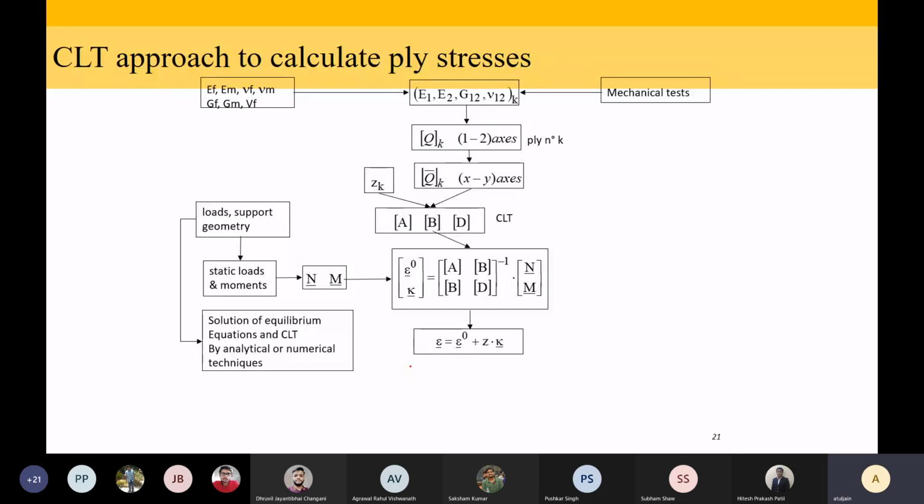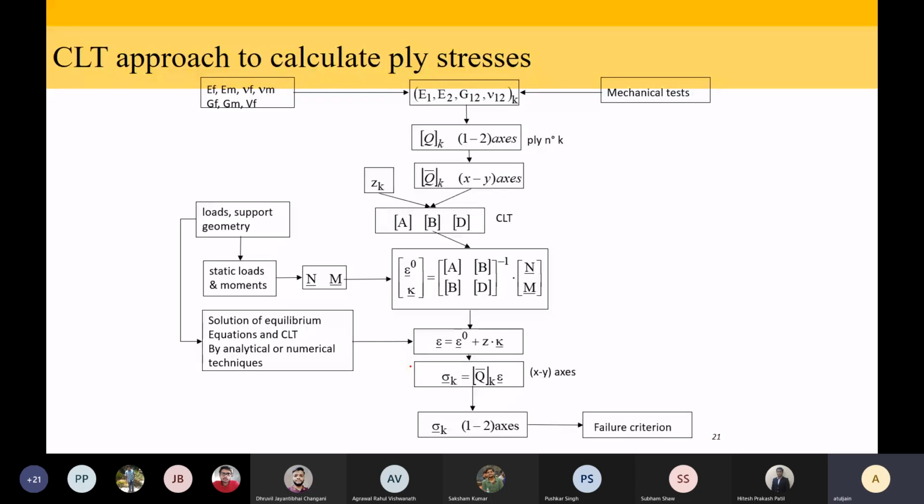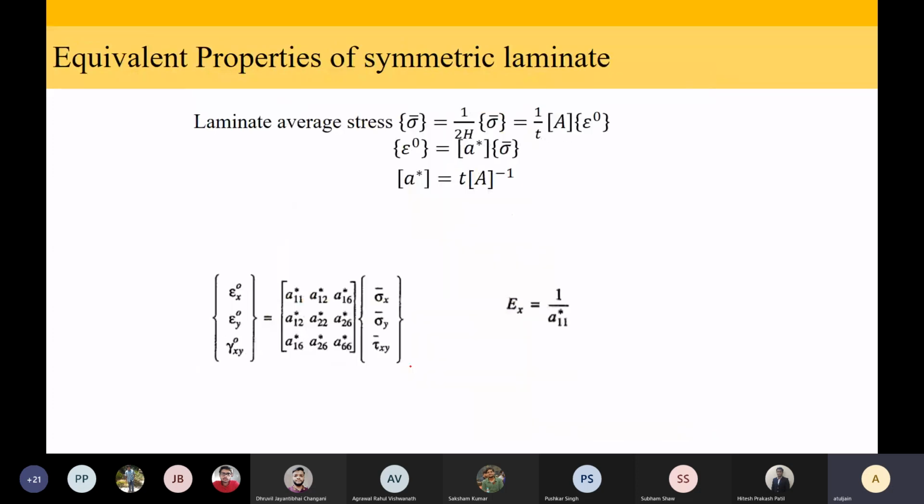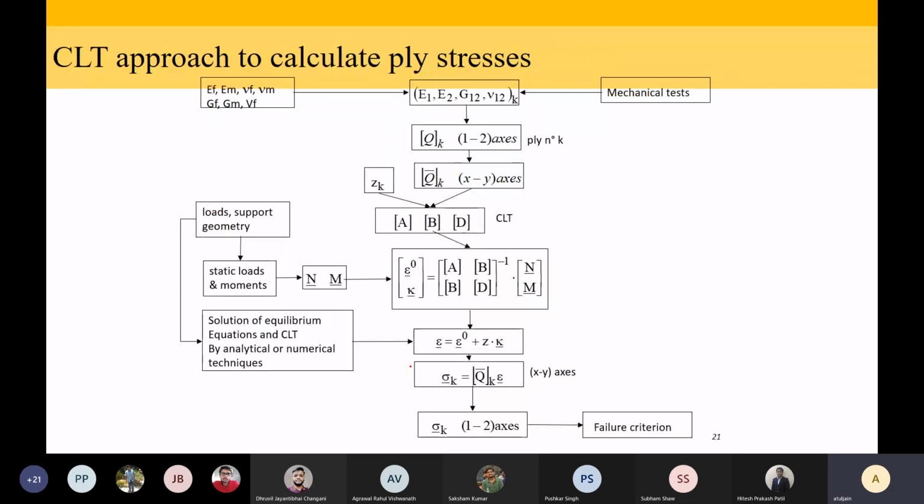Calculate strain is epsilon naught plus Z into K. Then I have stress in the kth layer. I can transform it to the local coordinate axis system, then apply some failure criteria to see whether or not my lamina is safe. This is the complete flowchart as to what we try to do while designing a laminate sequence.